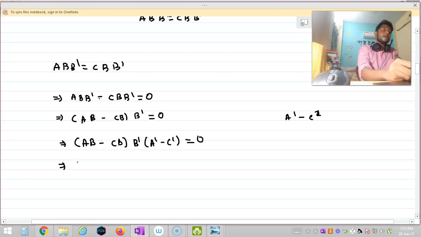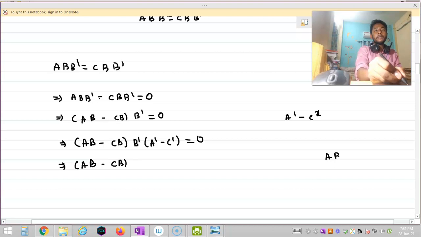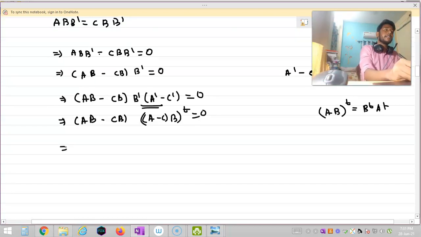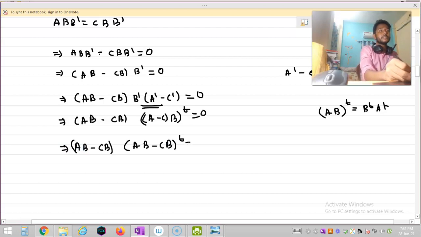I know that the transpose of AB is B transpose A transpose, so I can write it as (A minus C) B, whole transpose. Hence I can say that (AB minus CB) times (AB minus CB) transpose is equal to 0.